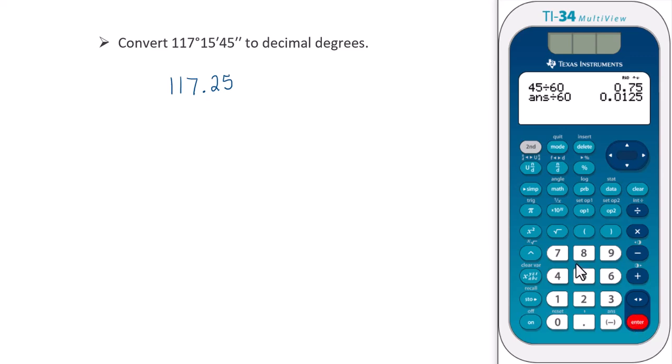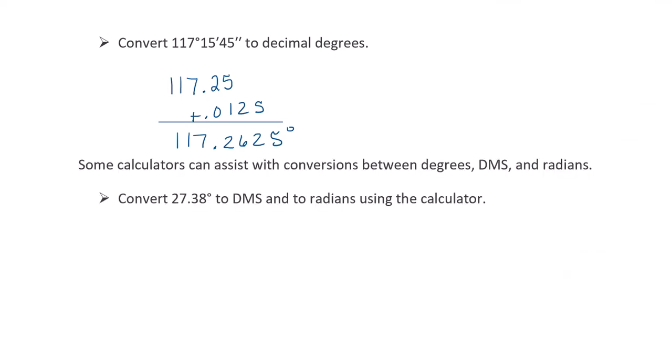That's going to be 0.0125. So plus a 0.0125, we'll actually have 117.2625 degrees.